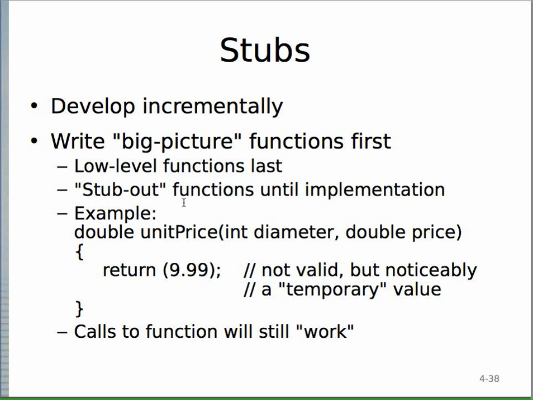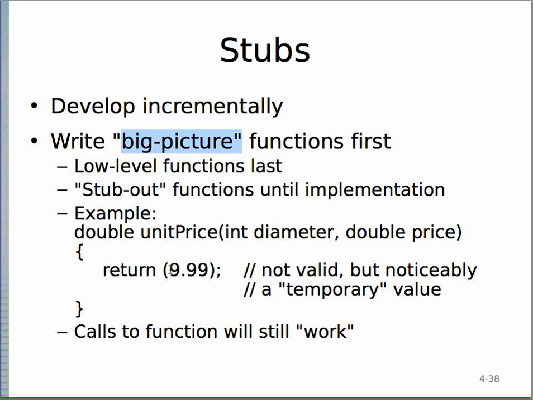If you have functions that you need to implement but are not done yet because you're still testing the big picture functions, then you can stub them out. Stubbing it out just means that, let's say you're supposed to implement something that takes 2 inputs, an int and a double, does some computation and returns something.